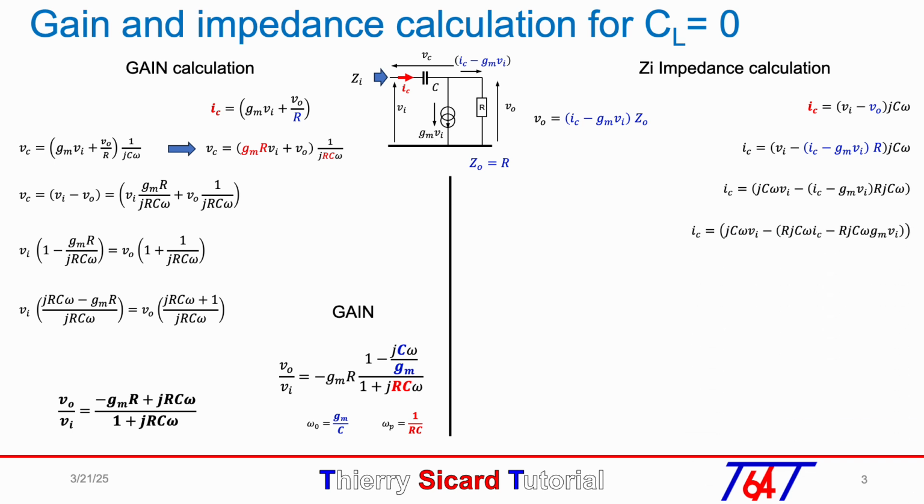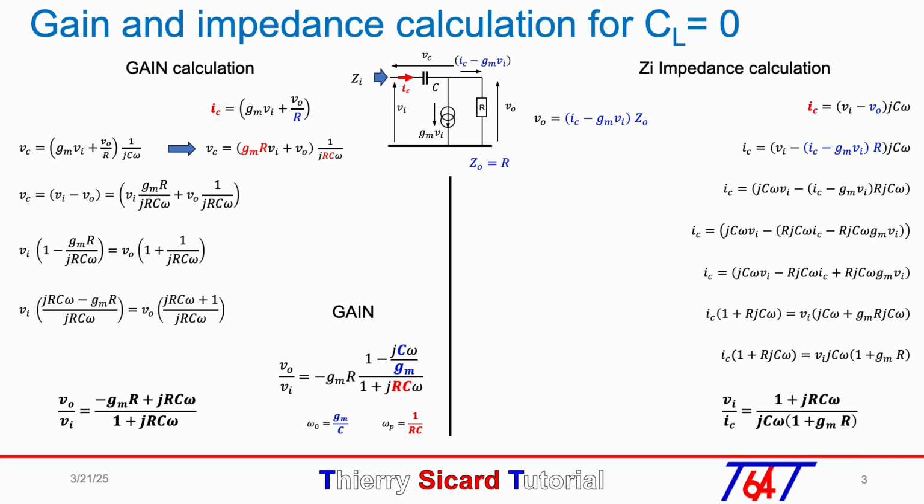After several rearrangements of the equation, we will obtain an equation with one term function of IC and a second term function of Vin. By calculating the ratio Vin over IC, we will obtain the input impedance Zin. The RC term, which is part of the 0, is in bold red.